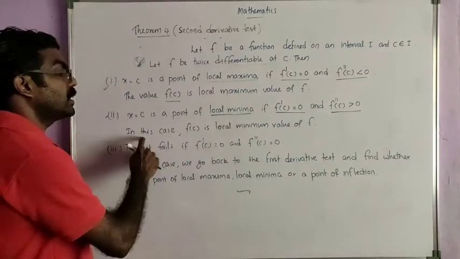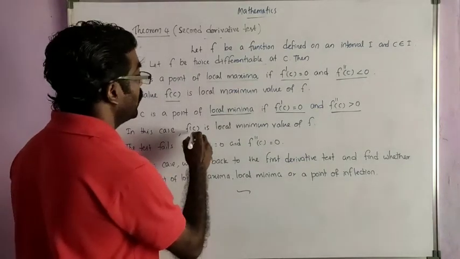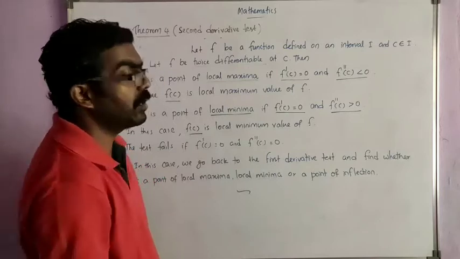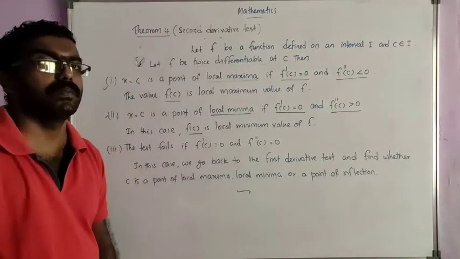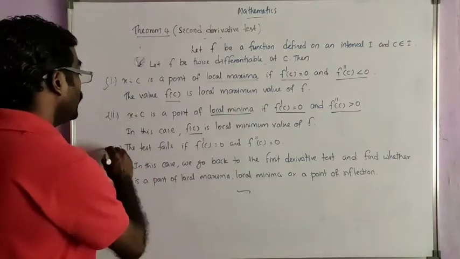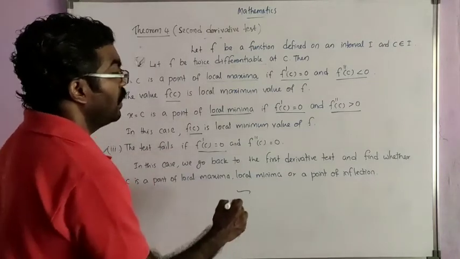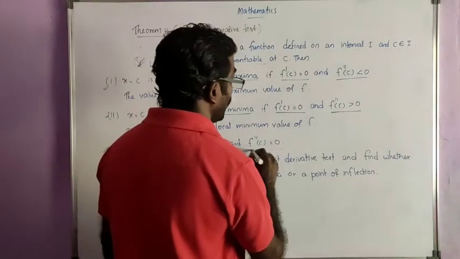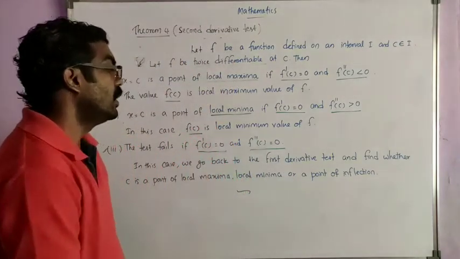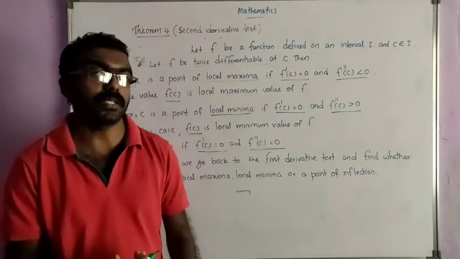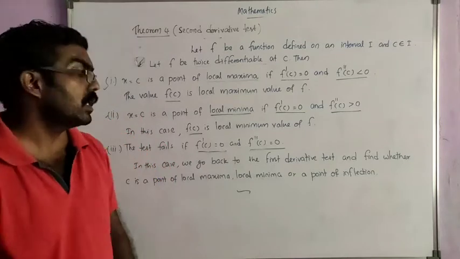Clear? And in this case, f of c is local minimum value of f. And the test fails if f dash of c is equal to 0 and f double dash of c is equal to 0.